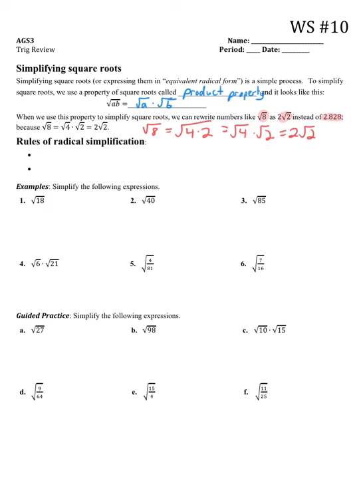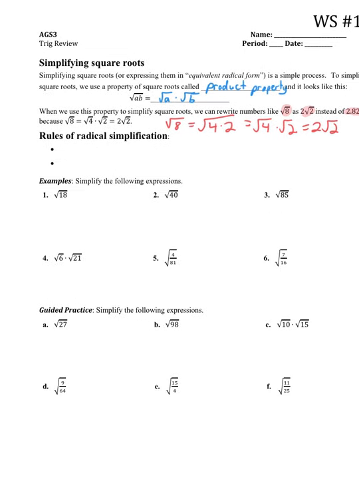All right, so rules of radical simplification. One of the rules is when we're done simplifying, we want no radicand, that's going to be a number like square root of 7, that has a perfect square other than 1.